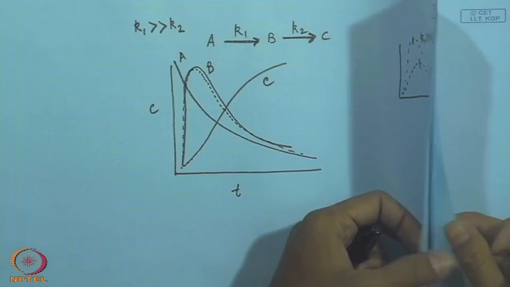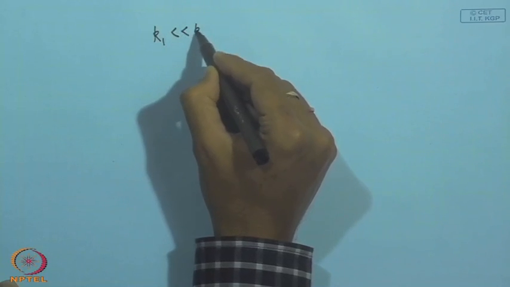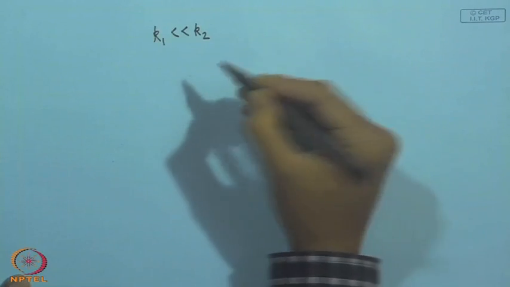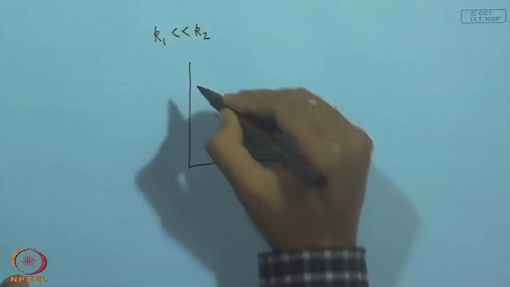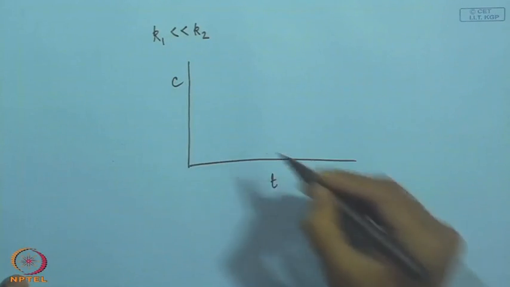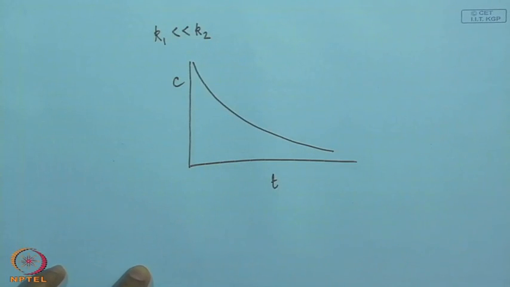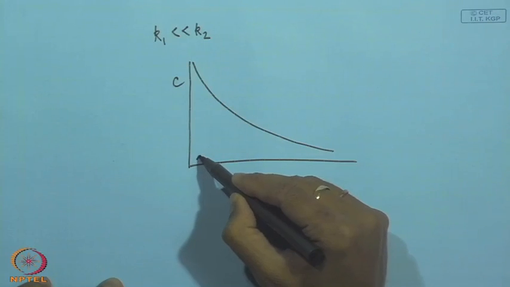Okay. The third case is K1 is very much less than K2, or maybe just less than K2. Okay. So, this is concentration versus time. A is as usual exponentially decaying, and what will happen to B?